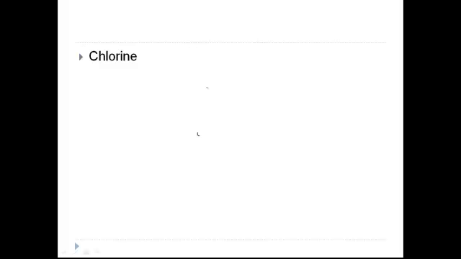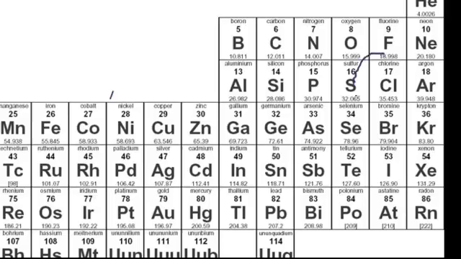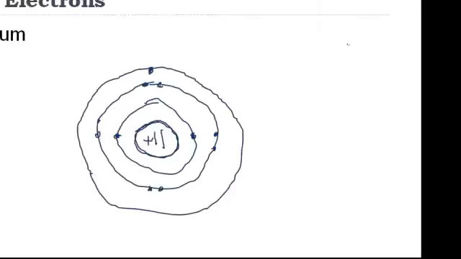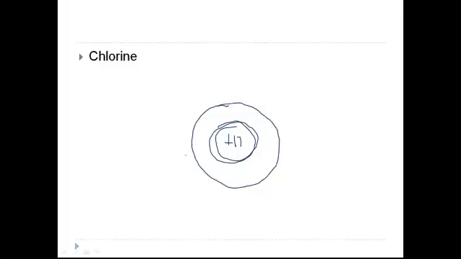Let's do this one more time for chlorine. So looking at the periodic table, chlorine is all the way over here on the right. It has atomic number 17, so 17 protons and electrons. So we'll put a plus 17 in the nucleus because protons have a plus 1 charge and there are 17 of them. And then here's energy level 1. You know that there can be 2 electrons.